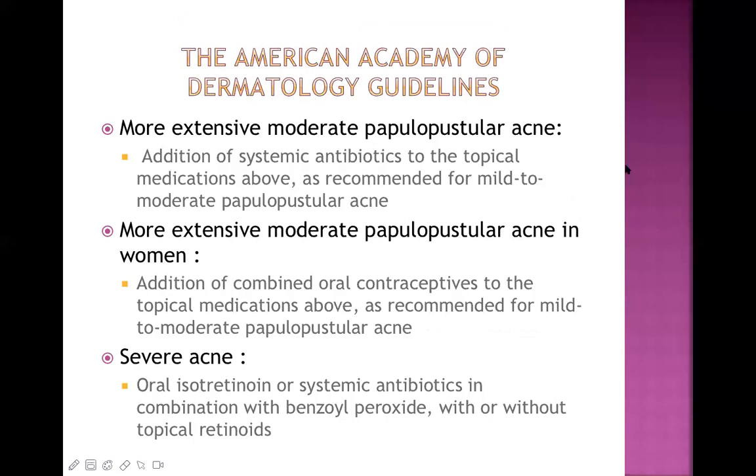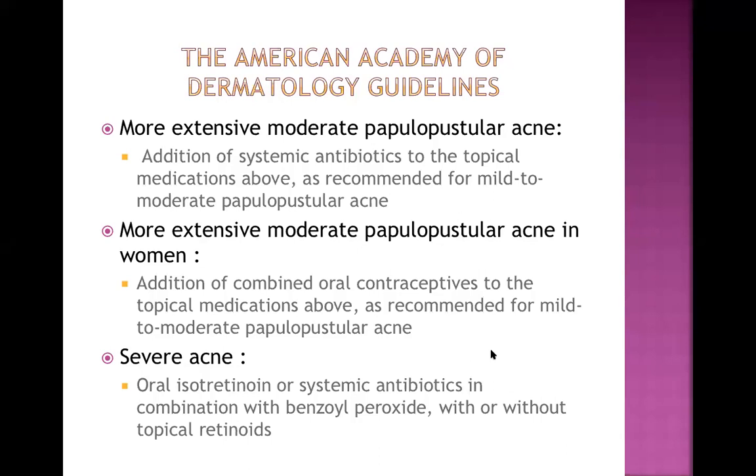For more extensive, moderate papulopustular acne, we have to use a systemic antibiotic now because it is getting more severe, but continue the topical medication as above. Even more serious than that, we want to add a combined oral contraceptive pill, in case of females only.